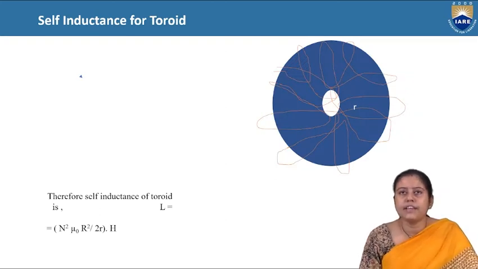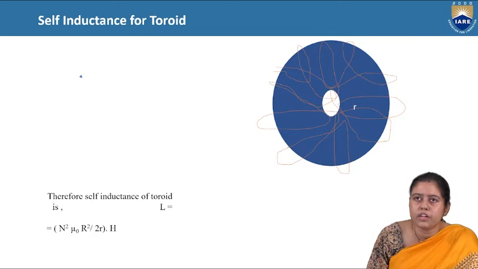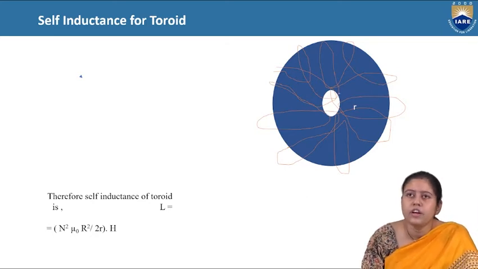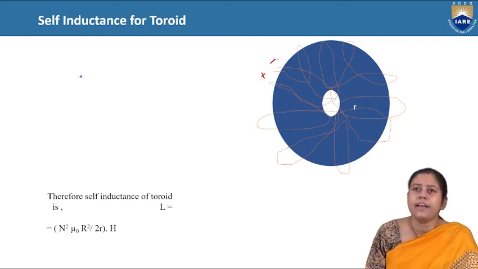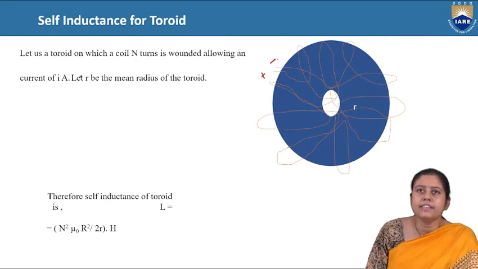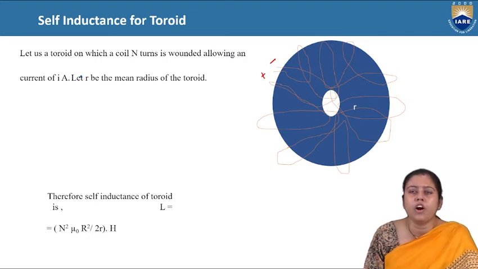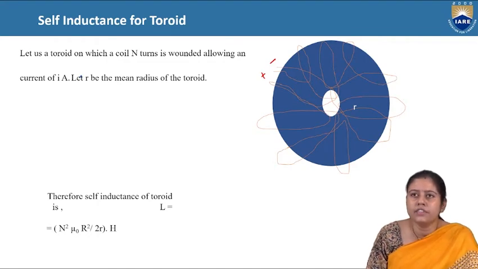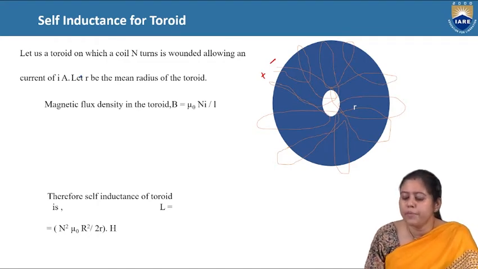Next, we will discuss the self-inductance of the toroid. A toroid is like a disc of ferromagnetic material on which we wind some coils, and this is the plus and minus. Here again, N is the number of turns and A is the cross-sectional area. R is the mean radius of the toroid. What is the meaning of mean radius?